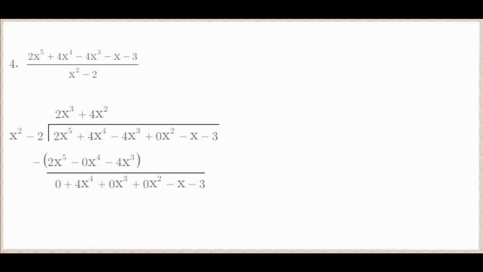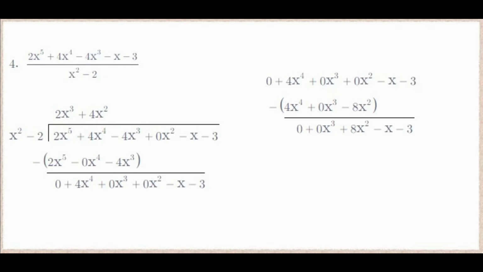So then what do we need to multiply x squared by to get 4x to the fourth? That would be 4x squared. So then we have 4x to the fourth plus 0x to the third minus 8x to the second power. So then we subtract that and get 0 plus 0x to the third plus 8x squared minus x minus 3.